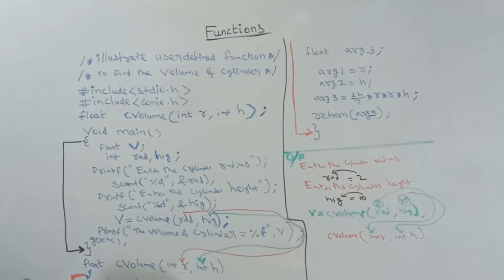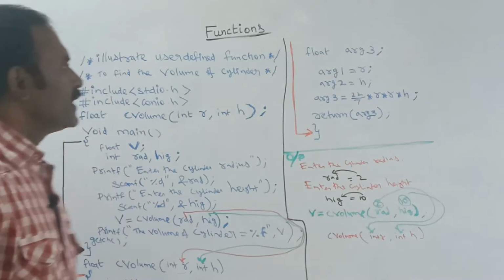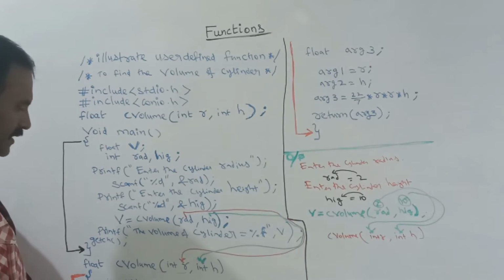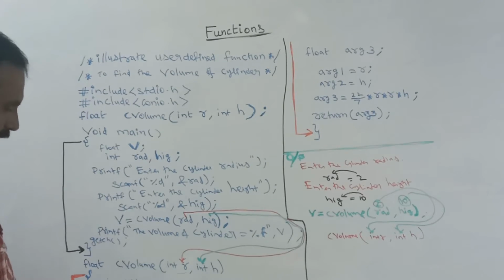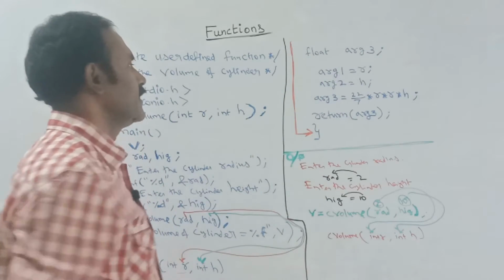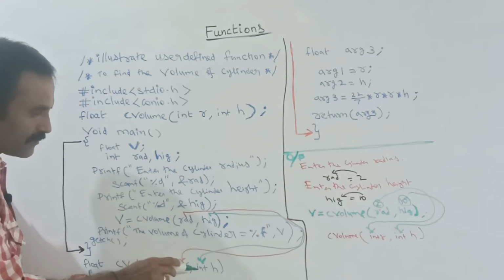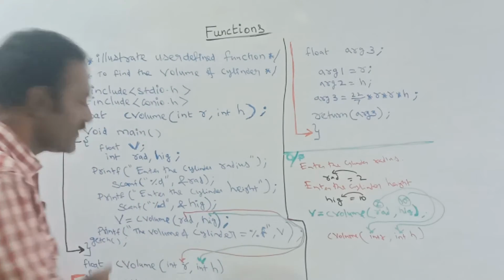After that, inside I am declaring 2 integer variables and 1 float variable. Here arg1 and arg2 are the 2 integer variables, and arg3 is float data type. Whatever I have passed in the function parameters, I am going to get that value inside the function.